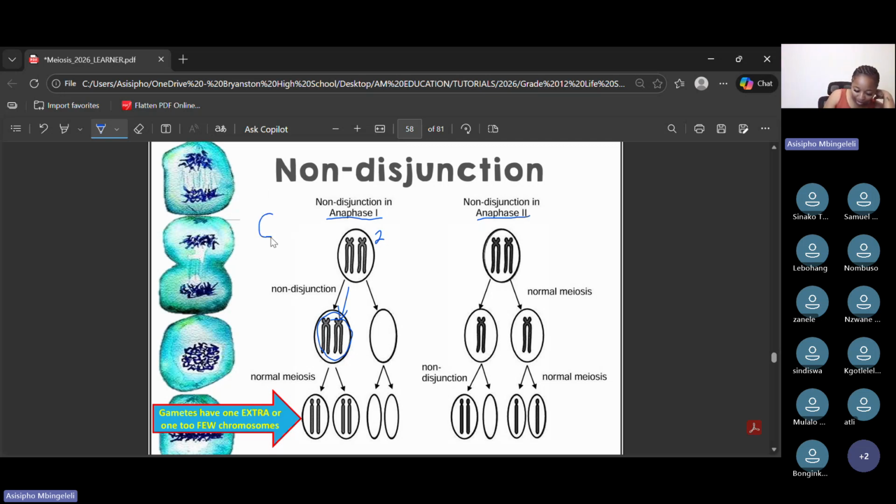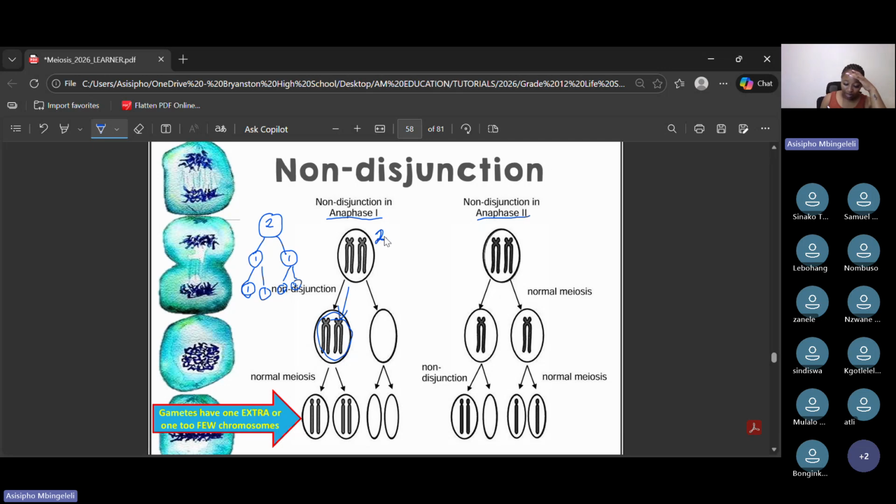This is what we are supposed to have here, 2 chromosomes. At the end of meiosis 1, we're supposed to have 1, 1, and 1, 1, 1, 1. This is what we are supposed to have if we have meiosis occurring in a cell that has 2 chromosomes. Remember, we're going to have the haploid chromosome number. But what do we end up having?